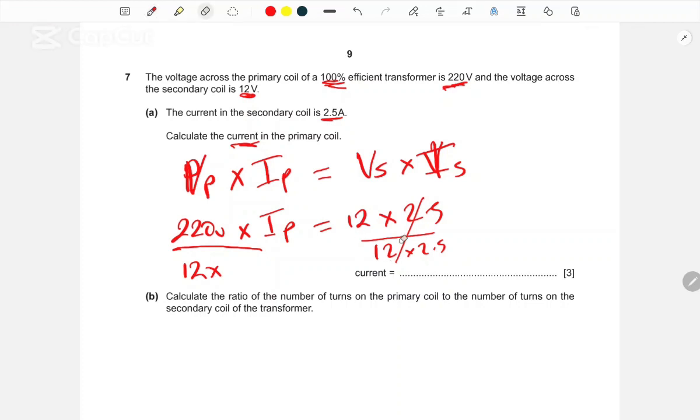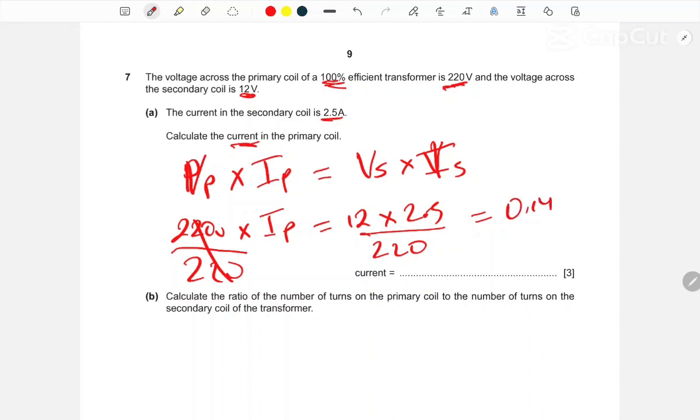Let's go back. So we don't divide both sides by 12 times 2.5. We divide both sides by 220 to make I the subject. So 12 times 2.5 over 220, that would give us 0.14 amps. So the current is going to be 0.14 amps.